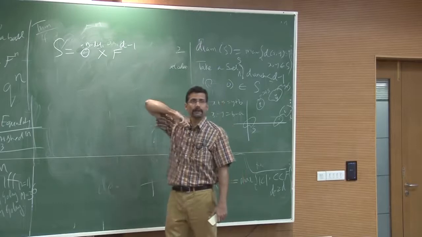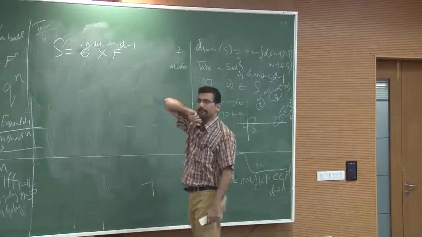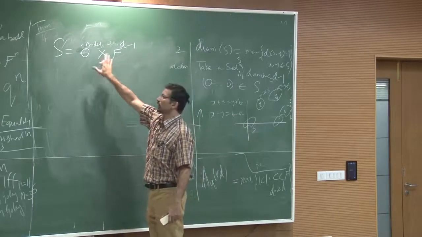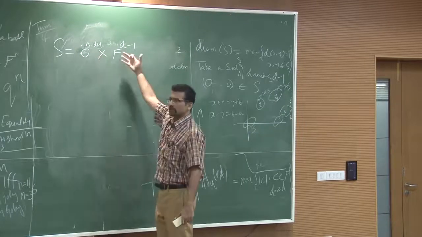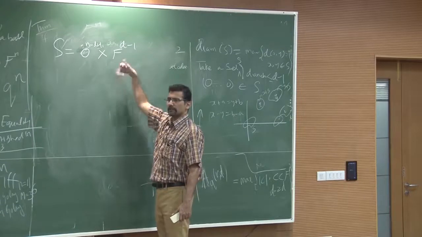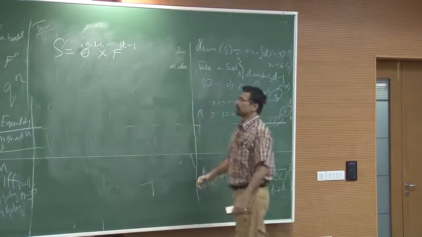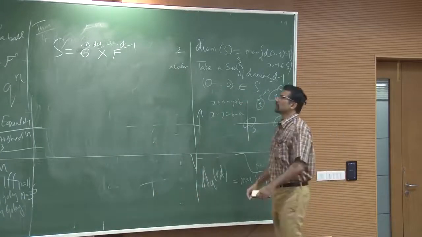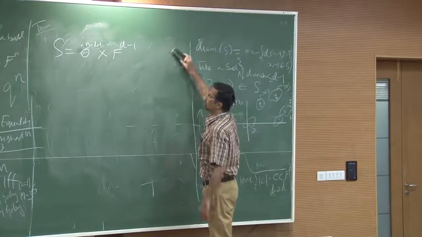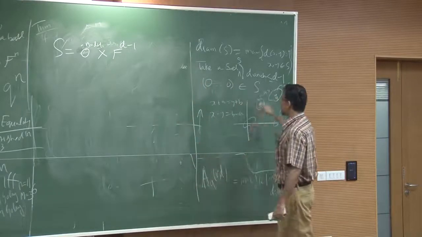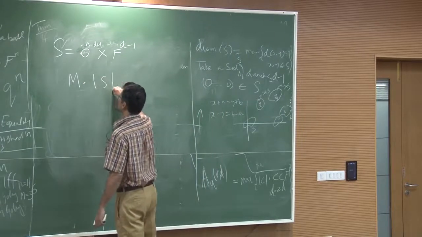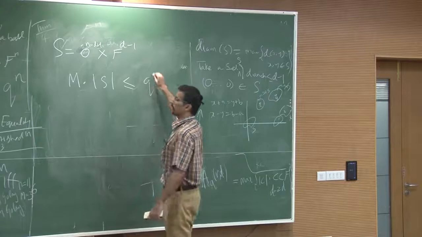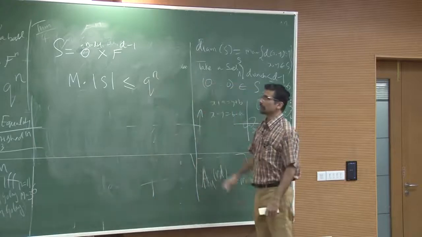Because if you take two words, the first entries are just the same, and the rest may differ. You can find two strings which are different in each coordinate. Okay, and then what can you say? I go back to the same thing: m times the size of S is less than or equal to q to the n, once again, because it's the same argument.